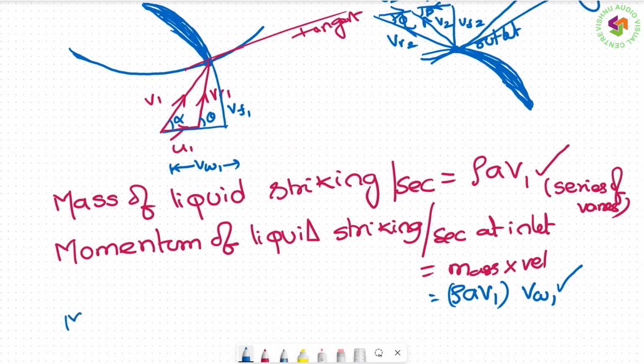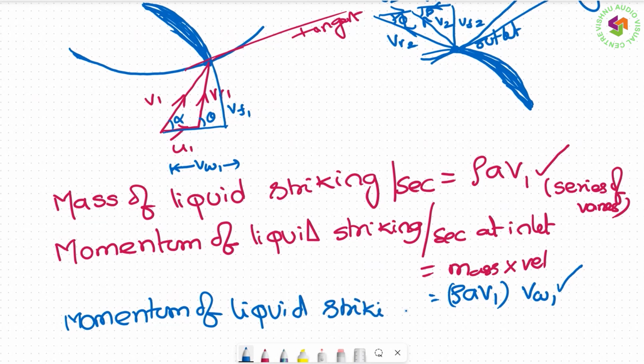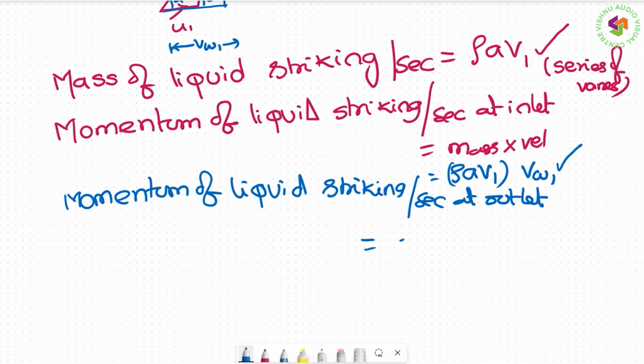Then momentum of liquid striking per second at outlet is equal to rho A V1 into VW2.